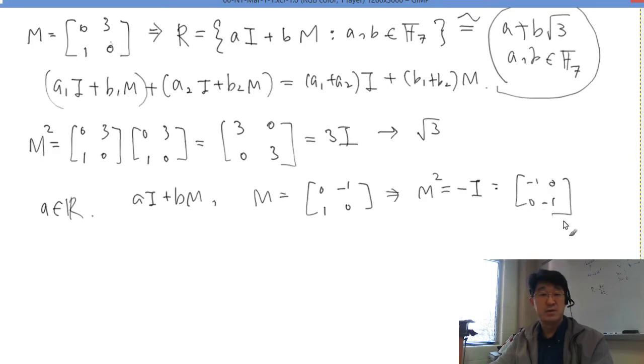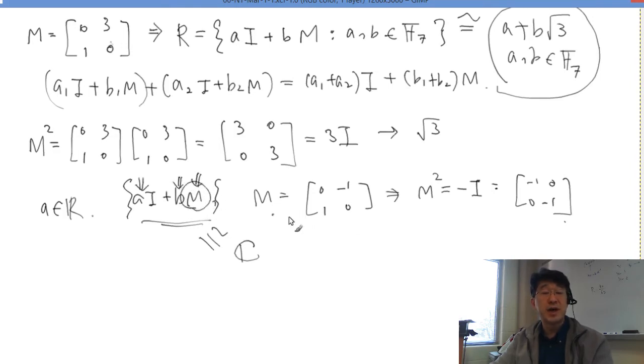So this one, where M is like this, behaves just like the complex number. Real number plus real number multiplied to M, which behaves just like the imaginary number. Its square is -1. So this 2 by 2 matrix has the imaginary number in it.